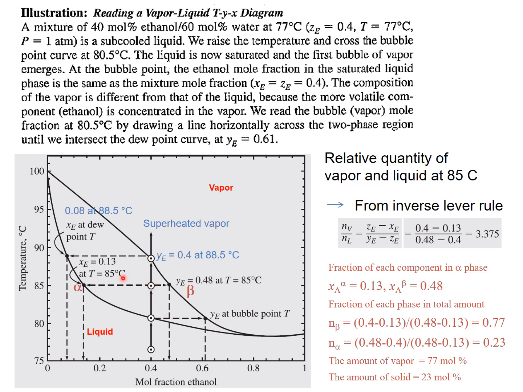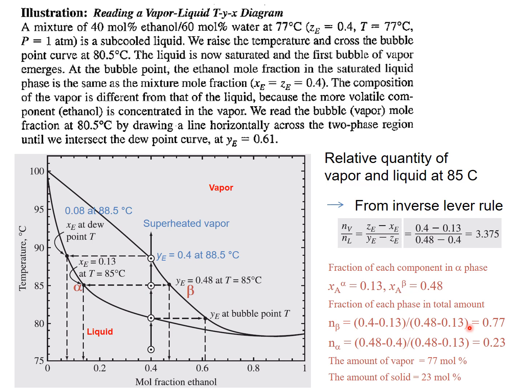0.4 minus 0.13, this length, per the total length or full length between alpha and beta, 0.48 minus 0.13. Then I can say 77 mole percent is going to the amount of vapor.